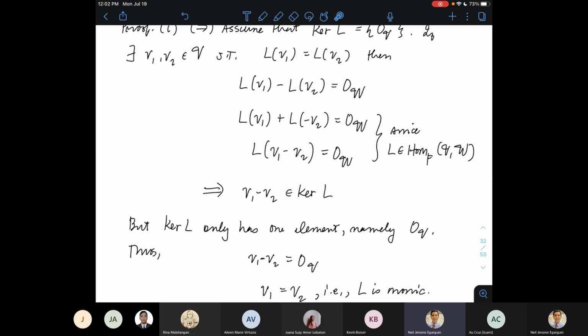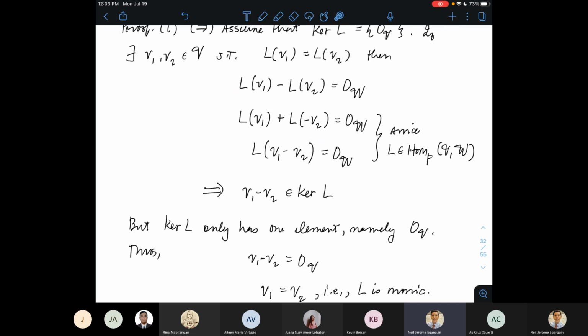And then probably one of the propositions we have earlier will allow us to put the negative sign, which is just our notation for the additive inverse, inside the linear transformation. But that means LV1 plus L of negative V2 is equal to your left-hand side here. So I can do that replacement. I guess in particular, that's what you proved in homework 2 or one of the problems in homework 2.